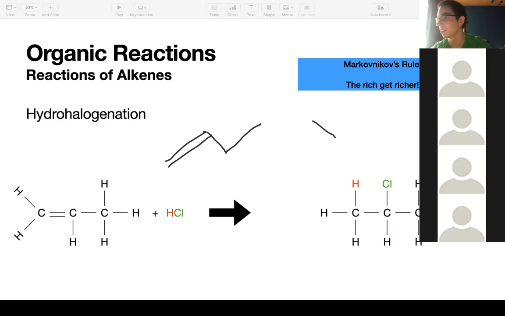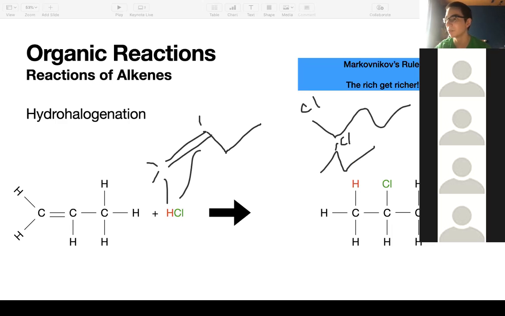It'll turn into the second option, the bottom one, because this carbon has 2 hydrogens and this one has 1 hydrogen. So our hydrogen is going to move over here, and our chlorine moves over there.